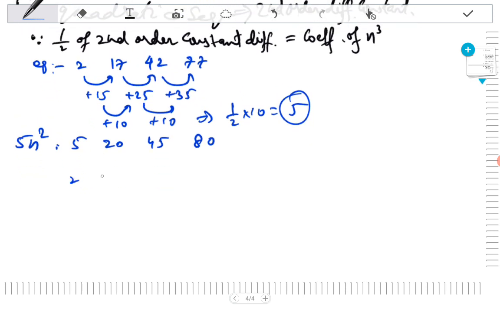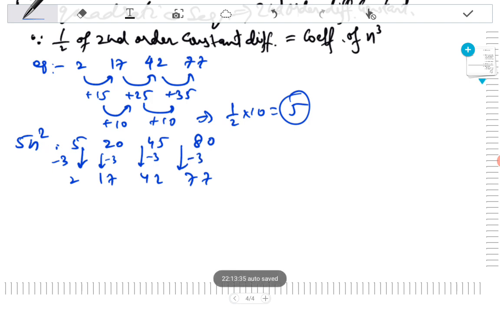Original sequence is 2, 17, 42 and 77, and now just check what I am supposed to do. Minus 3, minus 3, minus 3. It means 3 should be subtracted from every member of 5n squared. So 5n squared minus 3 is the general term.